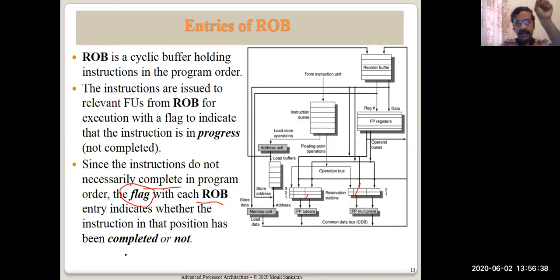If you have an entry in the ROB, it shows you the order in which the instructions came in, and it could have been completed, or it is still being executed in the functional unit, or it is not even started, it is waiting for the operand. It could be any state, any stage. So there will be a flag entry to say whether it is completed or not.